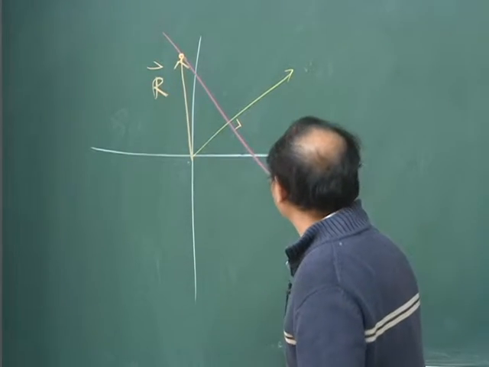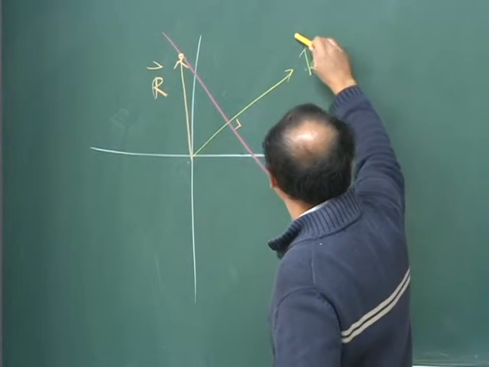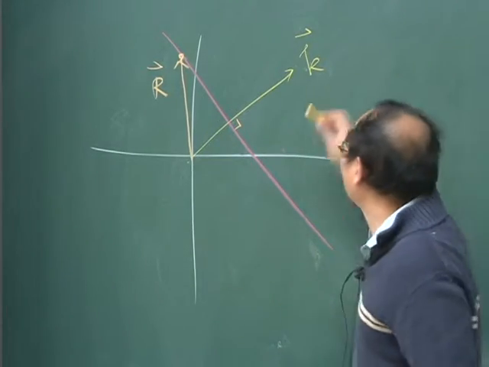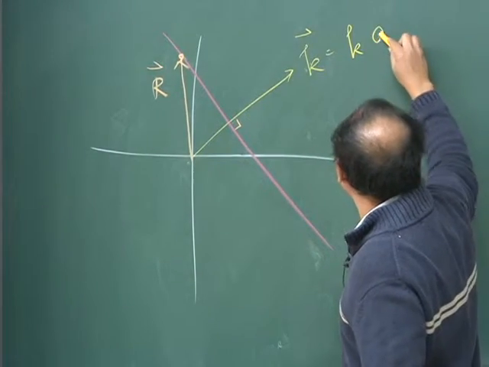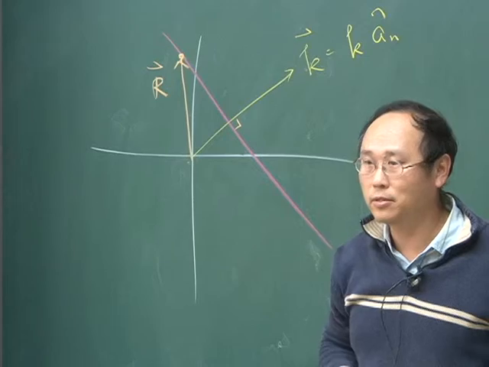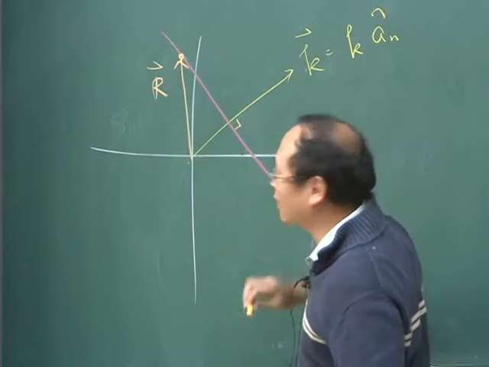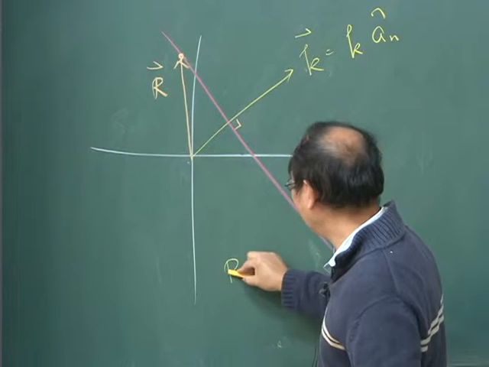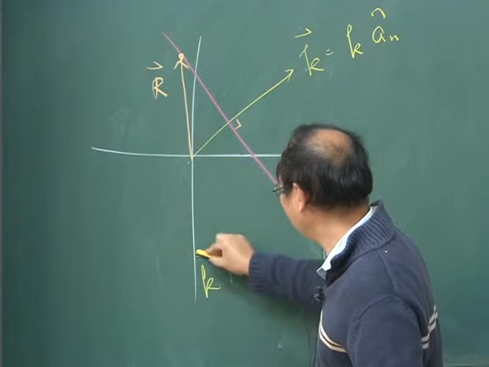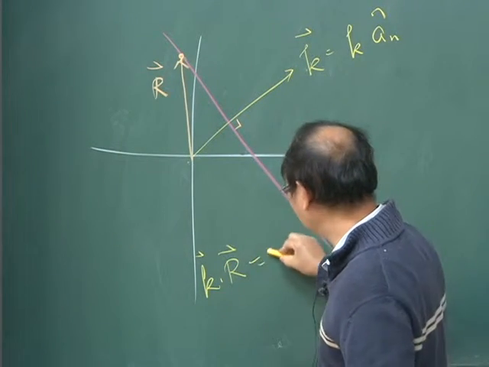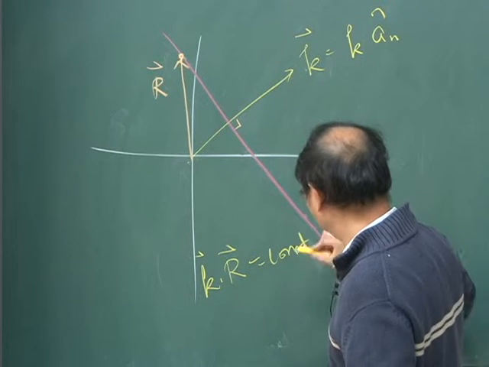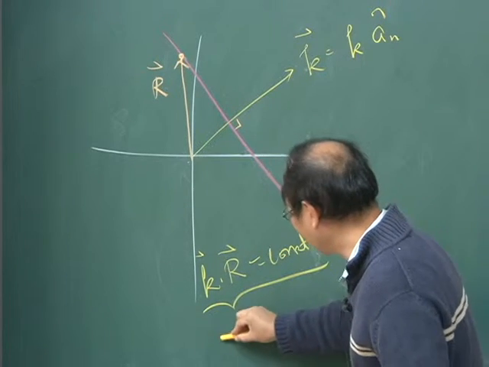So suppose that this is a k direction. All right, it's some arbitrary k multiplied with some unit vector. So when you project r onto it, k dot r is a constant, and this expression is a plane.